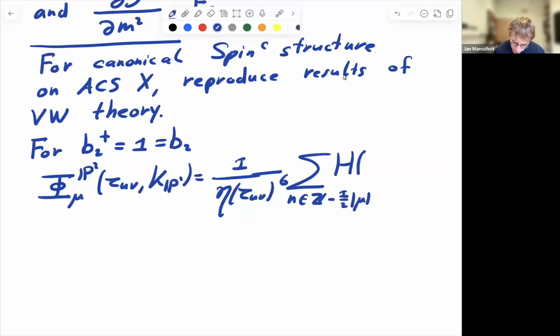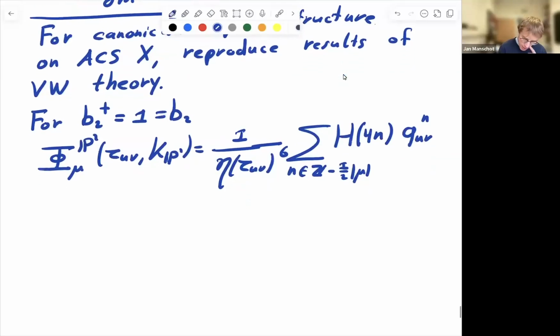And then we have arithmetic numbers known as the class numbers, H of 4n, q to the power n uv. And this function is an example of a mock modular form, like we were discussing yesterday.